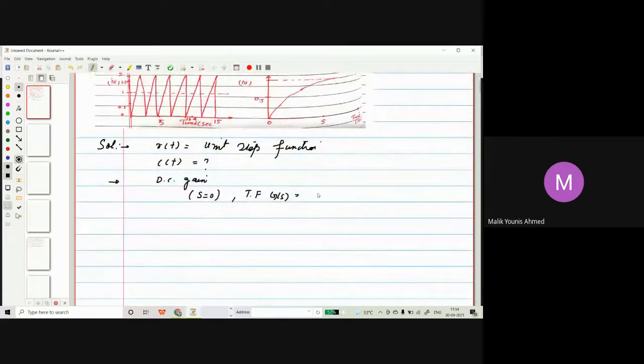Output by input in Laplace transform will be 1. Now if we take S equal to infinity, then the transfer function G(s) will become 4.